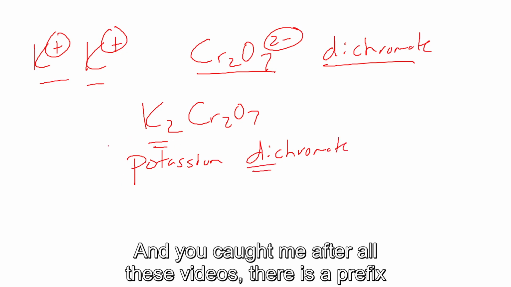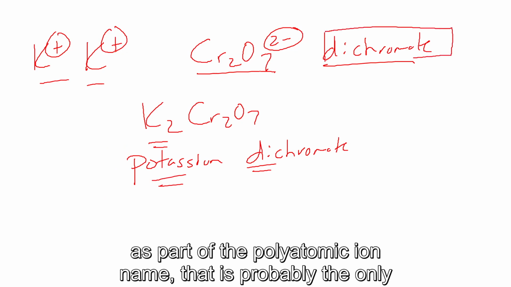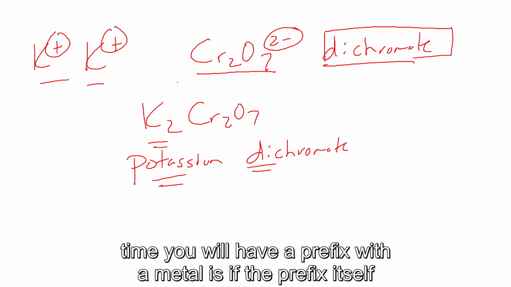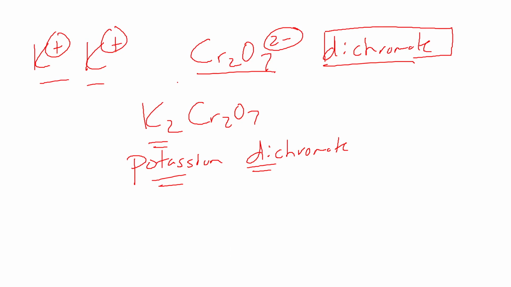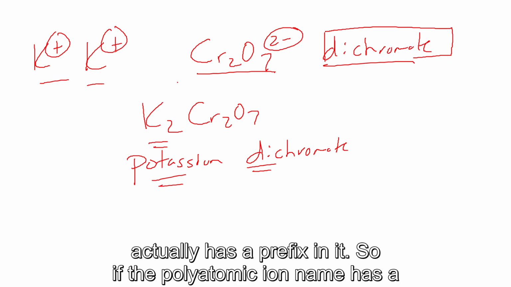And you caught me after all these videos. There is a prefix along with our metal, and the reason it just so happens is that it's part of the polyatomic ion name. That is probably the only time you will have a prefix with a metal, if the polyatomic ion itself actually has a prefix in it.